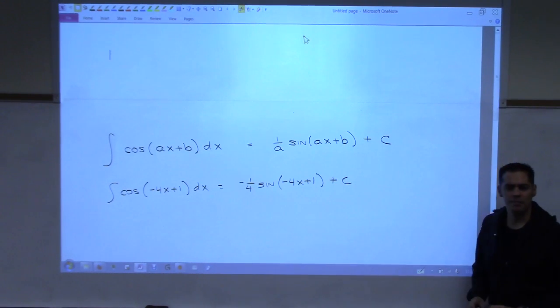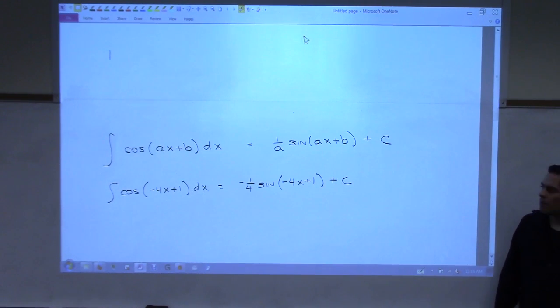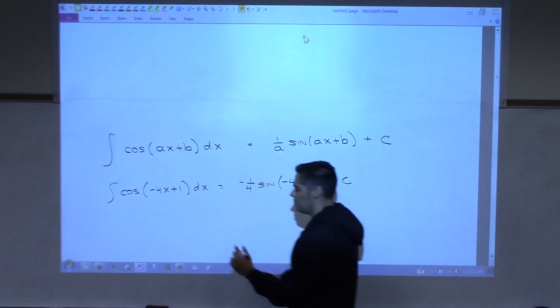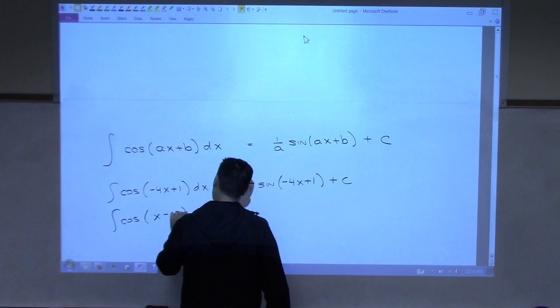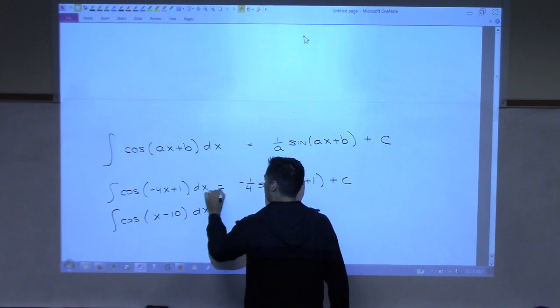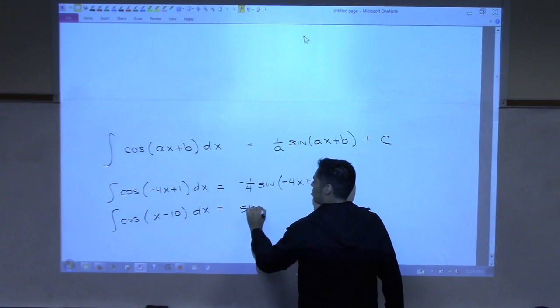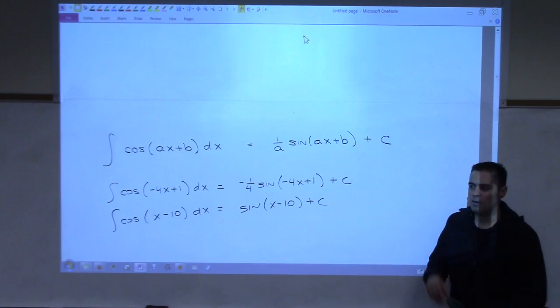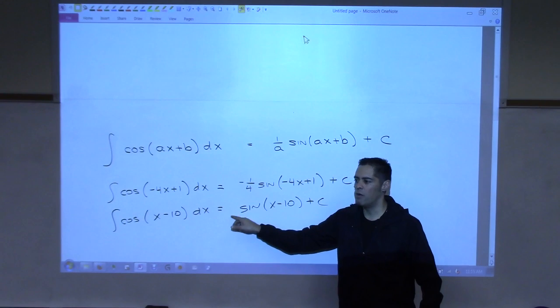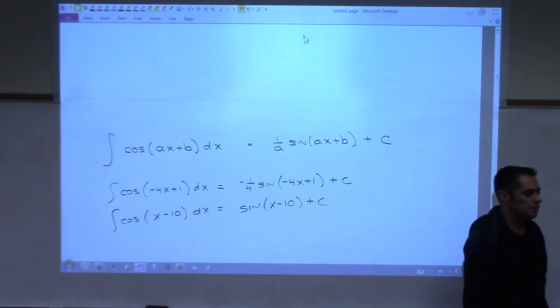See that? And what if it was the antiderivative of cosine of just x minus 10 dx? Then it's just sine of x minus 10 plus c, because the a was 1, so you put a 1 over 1, it doesn't change anything. Make sense?